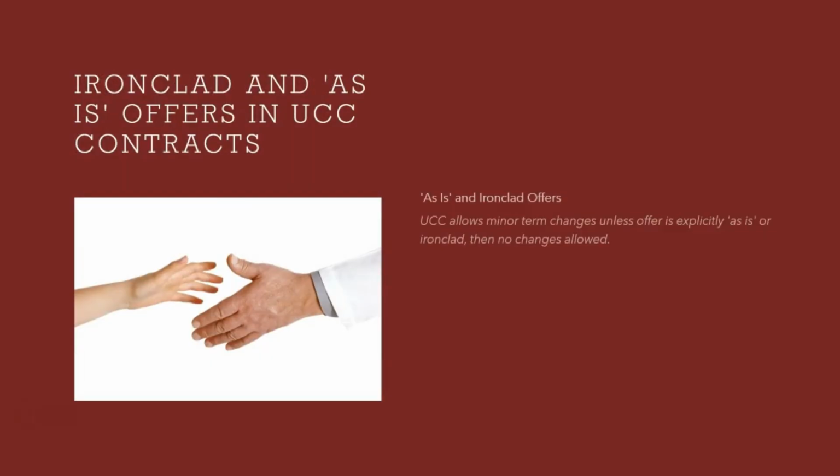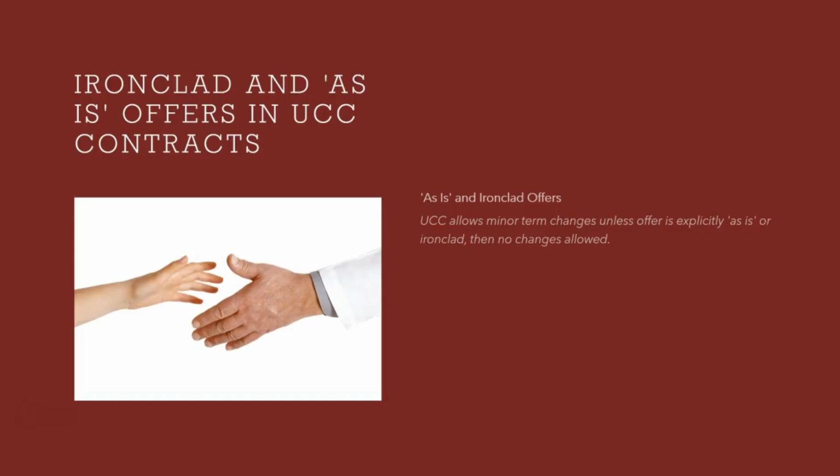All right, so the UCC allows minor term changes unless the offer is explicitly as-is or ironclad. Those can't be subject to any changes. Any change wouldn't count as an acceptance under the UCC because it's specified as is or ironclad.